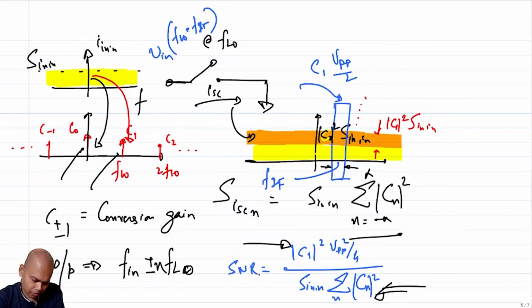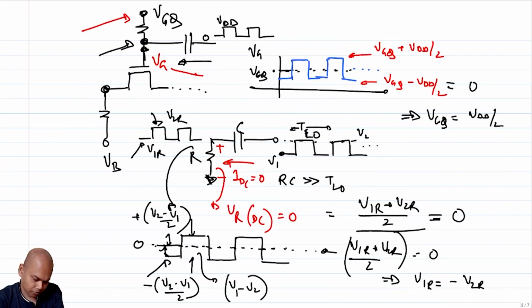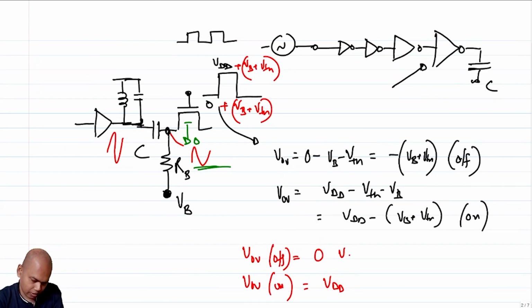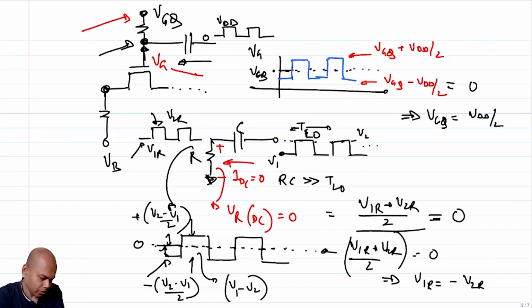Okay. By the way, let me just go back and see this part. Here I talked about VGQ being equal to VDD by 2. This is a continuation of something that I left off, so I'm going back.